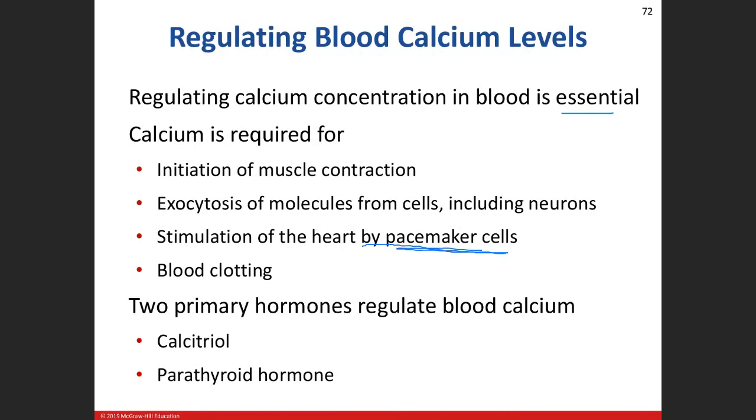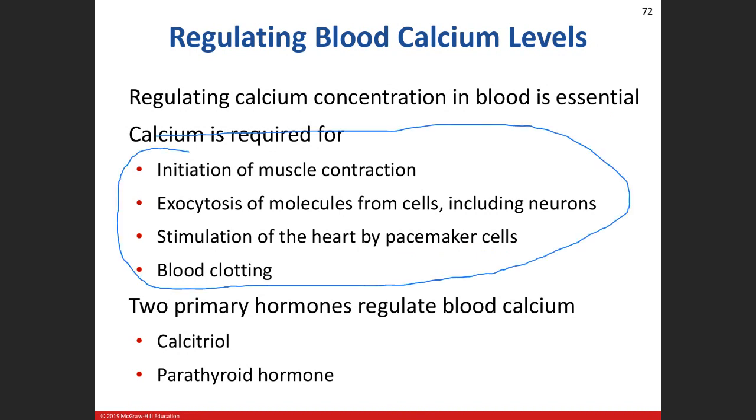Okay? So there's two hormones. This is important. If anything here, you folks should definitely know what calcium is needed for. Because we're going to talk about muscle contraction. We're going to talk about its function with neurons.